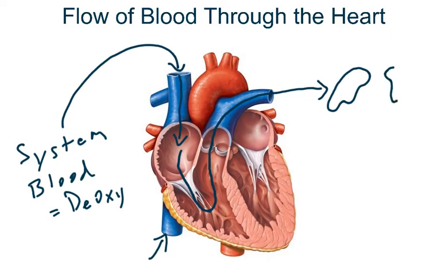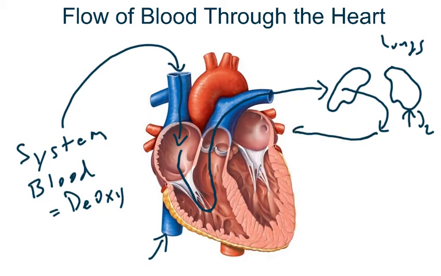Hopefully you understand my drawing here is the lungs. And here is where the blood becomes oxygenated and flows back to the heart via the pulmonary vein and enters the heart in the left atria.